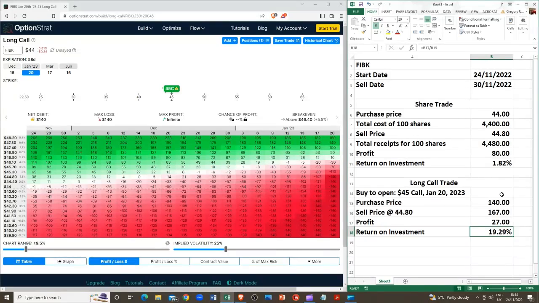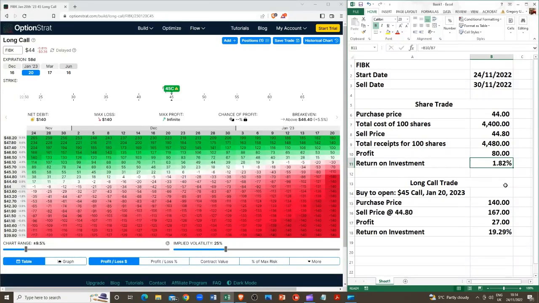Now, what you see here is you're using the call contract to reduce your investment amount, that is $140 compared to $4,400, but simultaneously you're able to increase your profit potential, that is 19.29% compared to 1.82%.